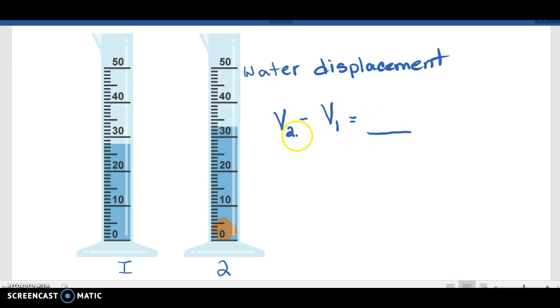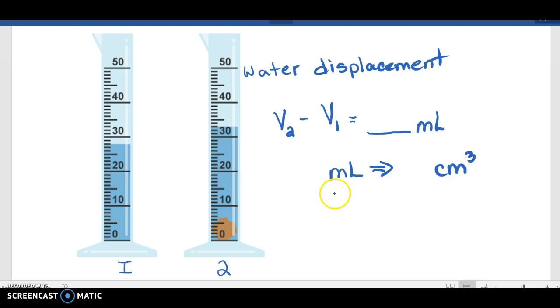Now the difference will be in milliliters, but our object is solid, and solid volume is in cubic centimeters. So we're going to have to change milliliters to cubic centimeters.